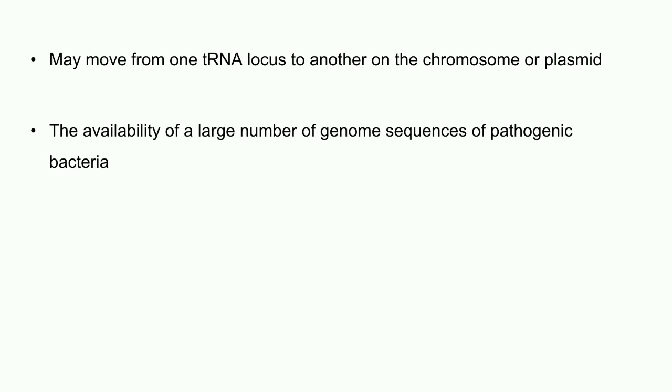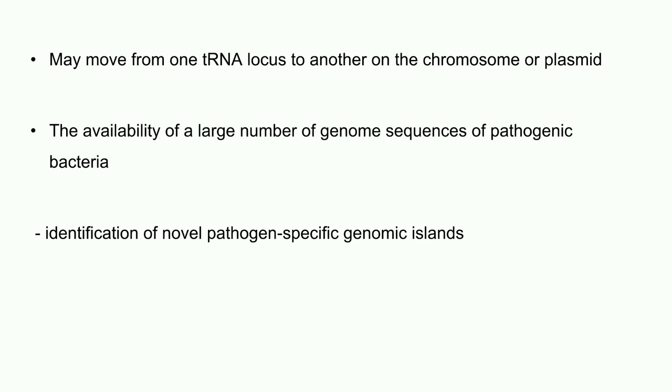Sequence similarities between pathogenic and non-pathogenic bacteria can be identified, and the sequences of virulence factors which are present in the bacteria due to the pathogenicity islands can be pinpointed. So this actually helps in identification of novel pathogen specific genomic islands. The PAIs are mainly acquired during the speciation process of the pathogen.